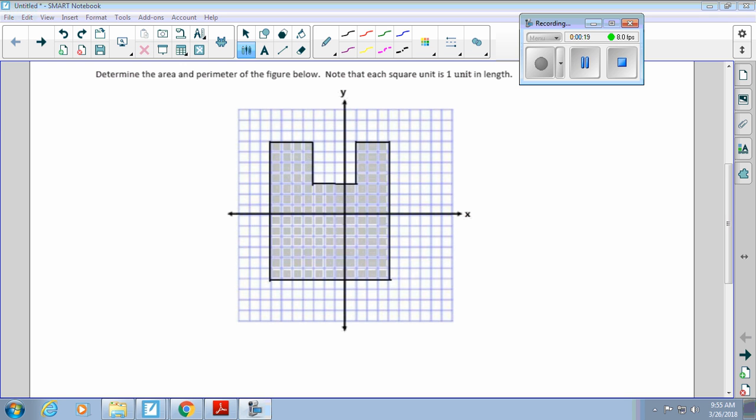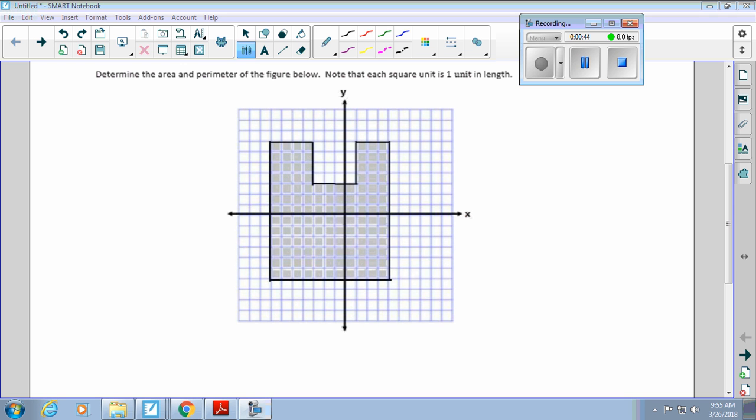So, this was page 38 of your module. The first step to finding perimeter is understanding that perimeter means the distance around the outside of a shape. So, for example, in somebody's yard, they might be buying fencing. They're not going to put fencing over the area of their yard, they're just going to surround their yard with the fencing.